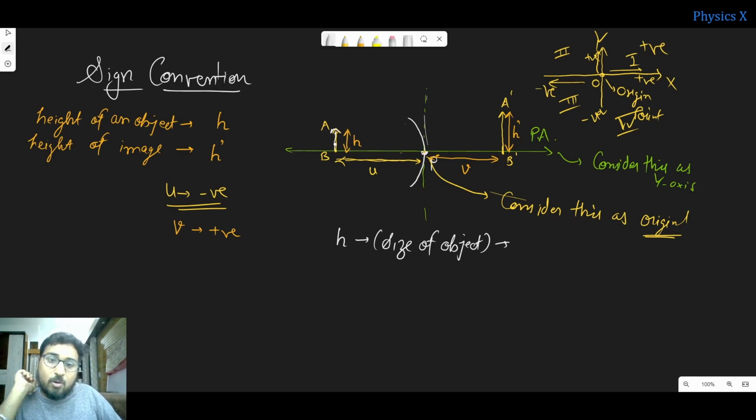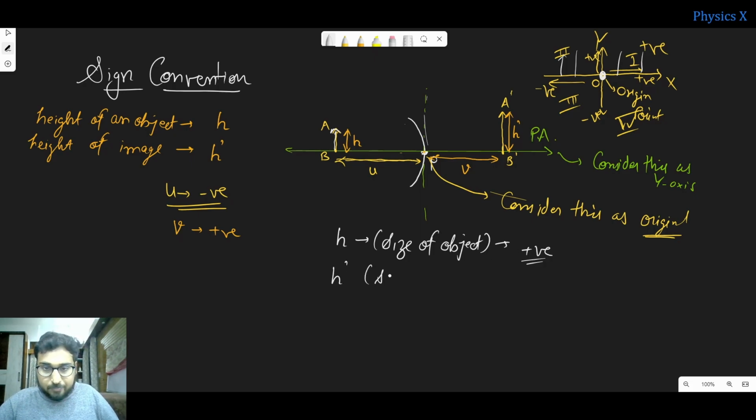Now this is on the upper side, on the north side, on the top side of the origin. So this distance will be taken as positive, because it is along the y-axis. Any distance here is positive. So h is a distance measured in this vertical direction, so that is why h is positive.